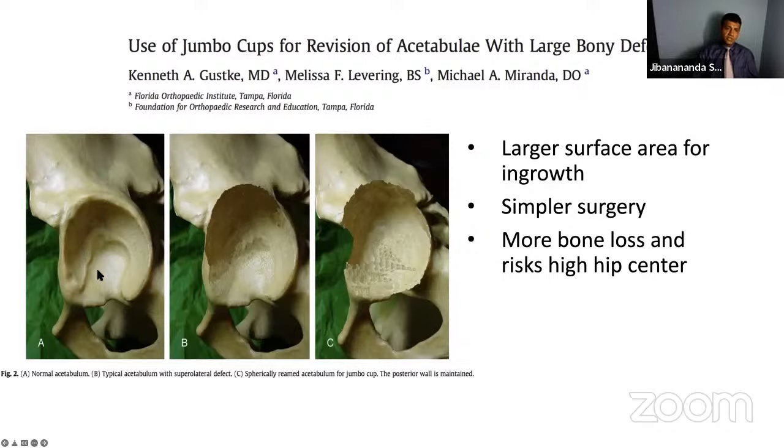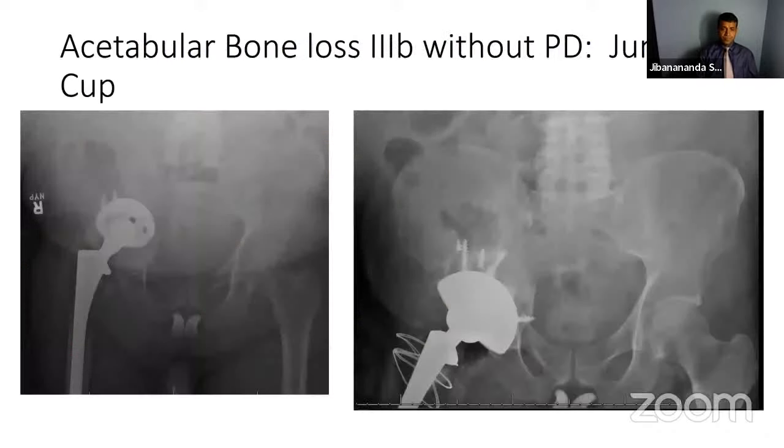As you can see in these pictures that were published, as you start reaming and put in bigger and bigger cups, you start to ream the walls out. You can see how the anterior and posterior walls are almost gone. You get some mediolateral support to hold it. So that is some downside to this, but the upside is the simplicity.